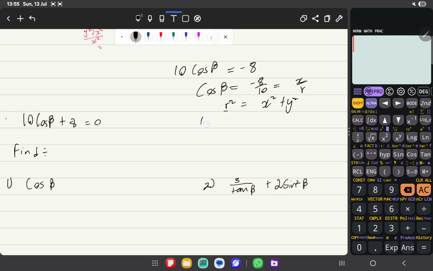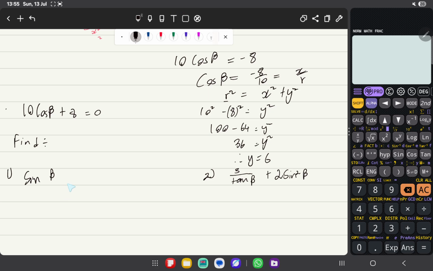Therefore, I'm going to have r squared, which is 10 squared, minus 8 squared, is y squared. 100 minus 64 is 36, y squared, and therefore y equals 6. Let me just make it a sine. So here then sine, I know sine is y over r, which is 6 over 10.